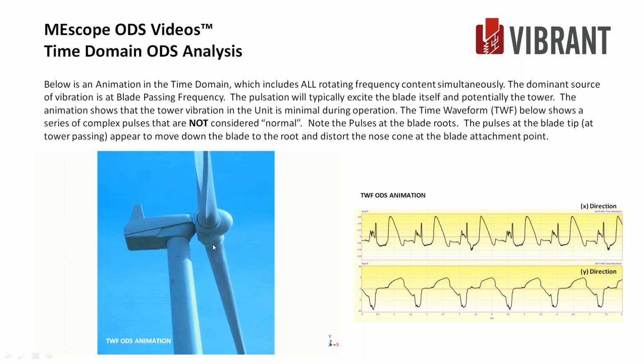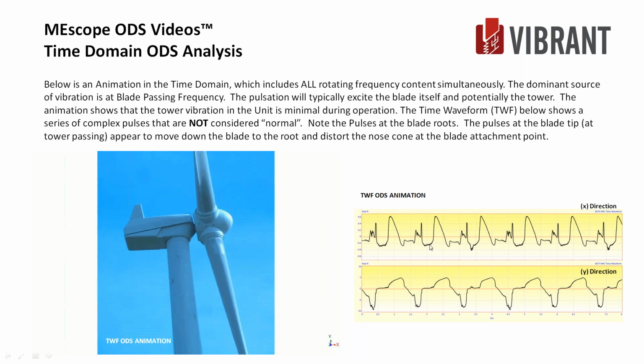Little pulse as it went by. As it goes past the tower, what I think's happening is I'm exciting the blade, and the blade is like a tail wagging, and it works its way down to the root, and it pulses where it attaches right there. So it wouldn't surprise me if there was some wear or maybe even a crack in that pitch bearing inside the nose cone there.